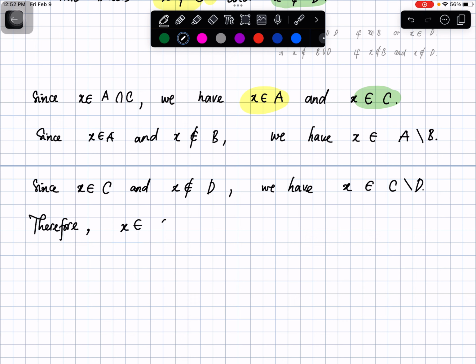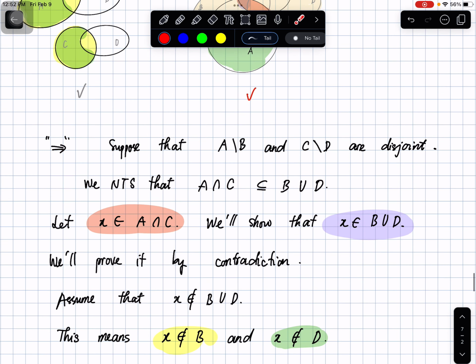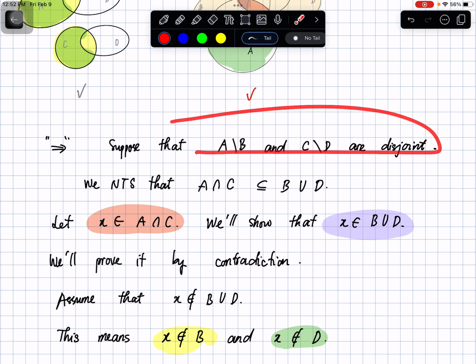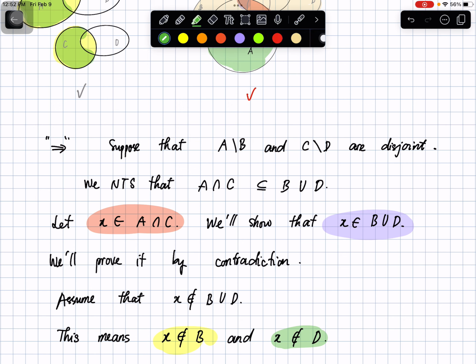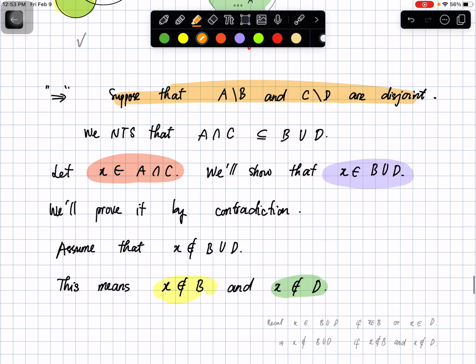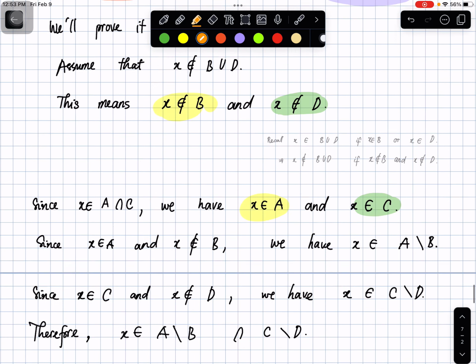X must be in the intersection of A minus B and C minus D. But our hypothesis says that the two sets are disjoint. So this contradicts the fact that they are disjoint.